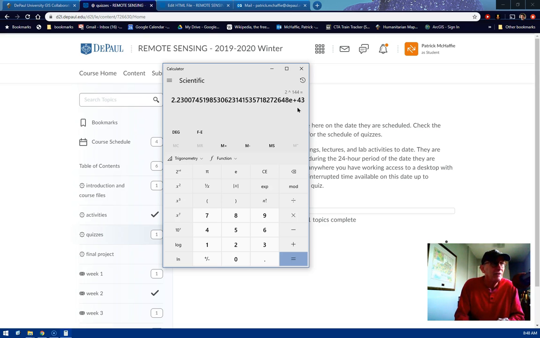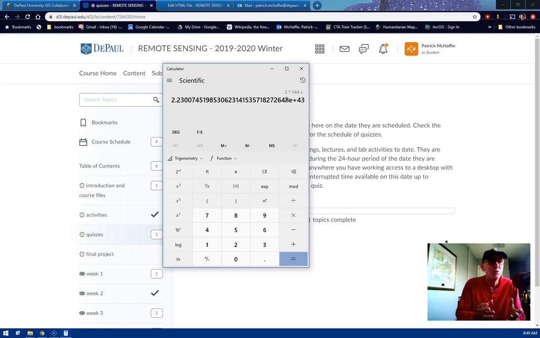This number here times 10 to the 43rd power. Okay, that's 10 with 43 zeros to the right of the 1, right? Times this large decimal number here. So it's a really ginormous number.